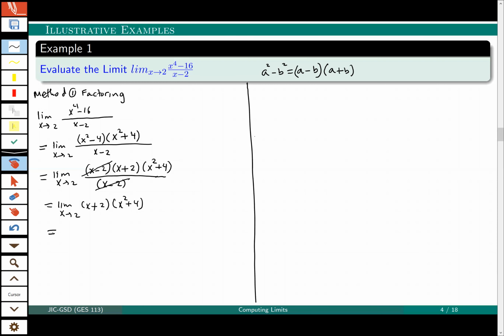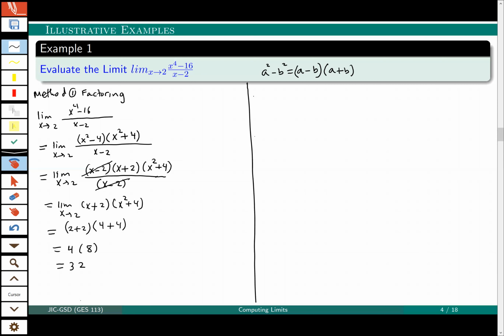Since we got rid of the factor which makes it undefined, 0 over 0 or indeterminate, we just directly substitute x equal to 2. So it will be 2 plus 2, which is 4, times 4 plus 4, so that's equal to 4 times 8, which is 32. That's one method.